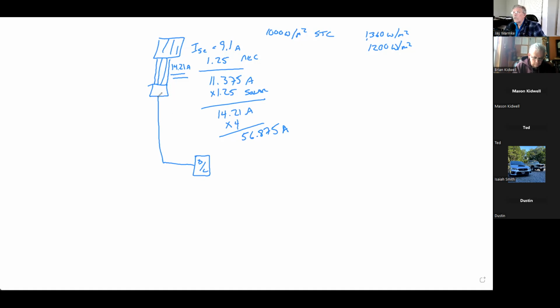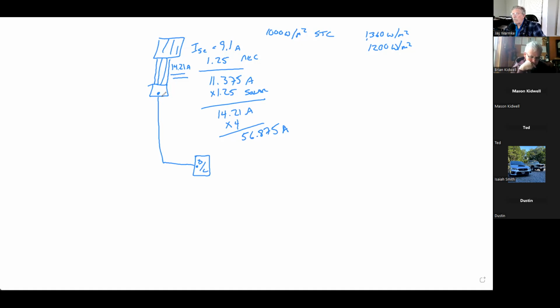But remember that this string here, this piece of wire, is not only the wire, but it's the connection point here and it's the connection point down here. So there are terminations there that I have to take into account. If I have already bought these pieces of equipment and I look at the DC disconnect spec sheet and it says the terminations are rated to 90 degrees Celsius, and if this combiner box says that the terminations are rated to 90 degrees Celsius, then I can use wire from the 90 degrees Celsius column.